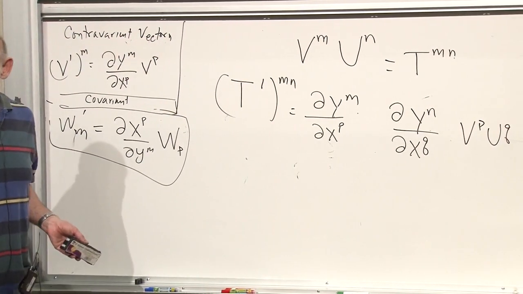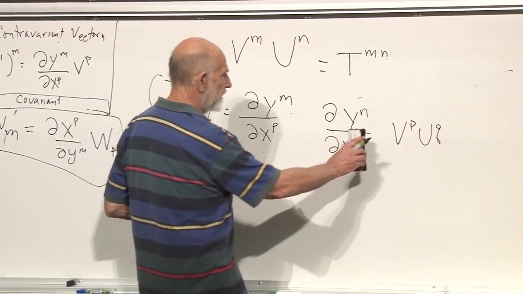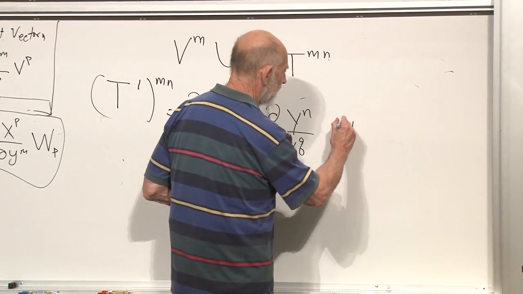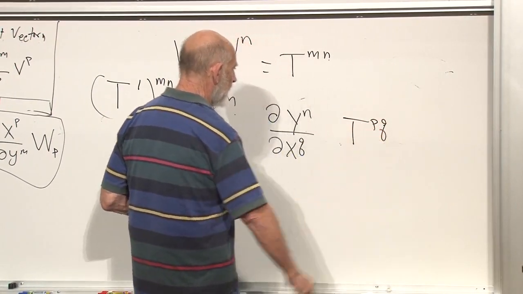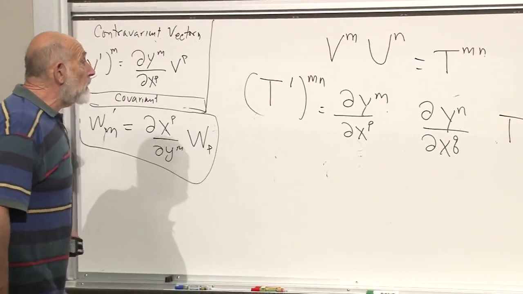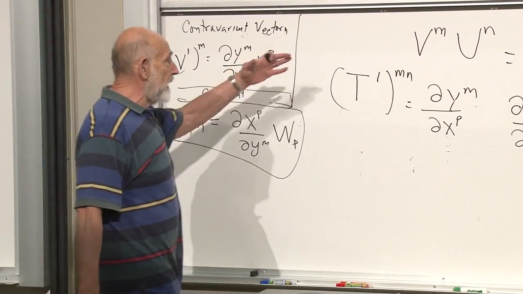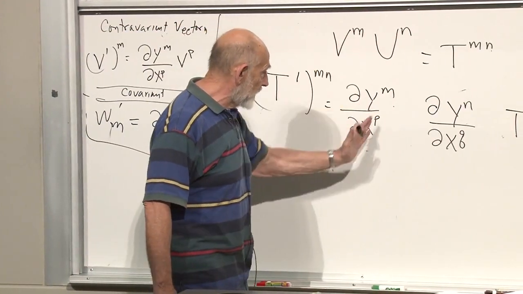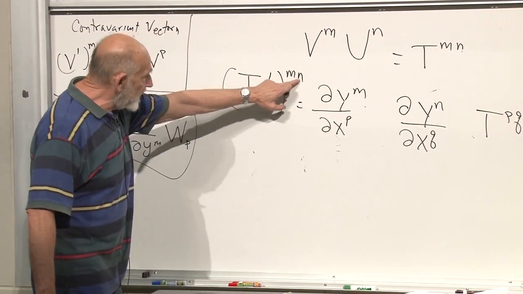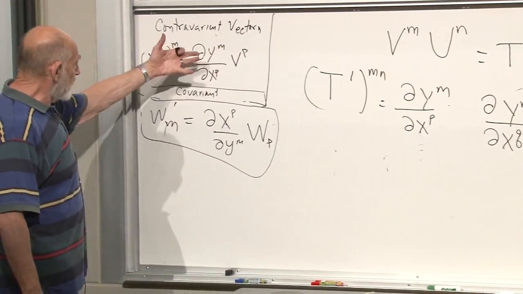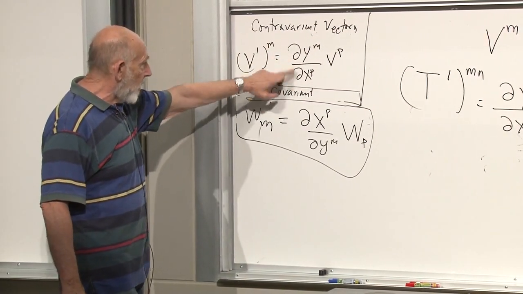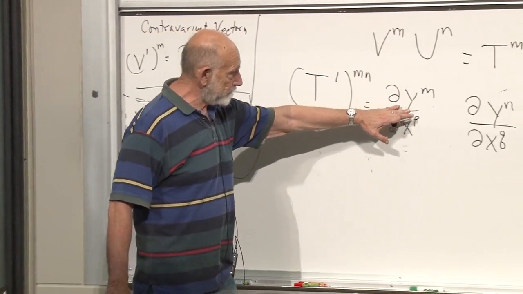It's just T^{pq} in the unprimed frame. So I found out how T transforms. Not surprising, because it was just a combination of two vectors, and basically each index here transforms with a dy by dx type thing.